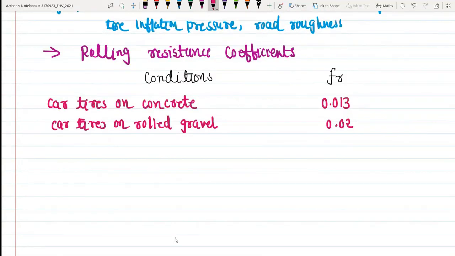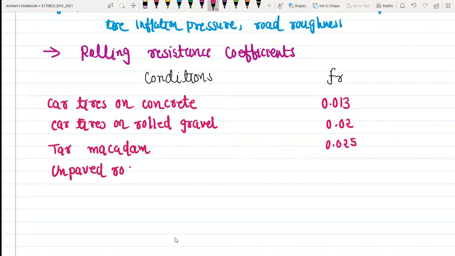Suppose my car tires are on tar macadam, then the rolling resistance would be 0.025. And whenever it is on an unpaved road, which is nothing but a rough road, it will be 0.05.